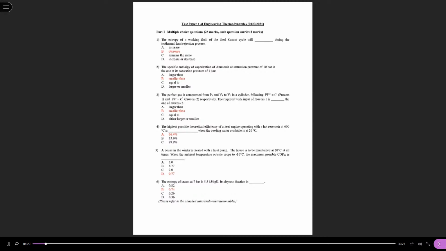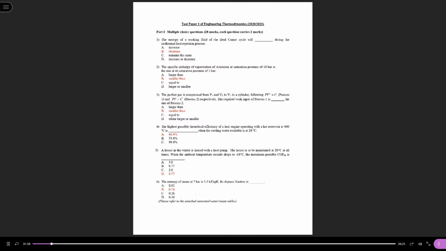For our subject, we want to study the relationship between work and heat. Then we have to understand the properties of the working fluid in our system. For any device or heat engine, we have their properties.